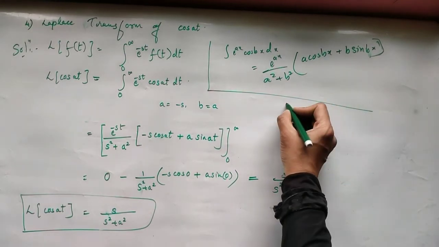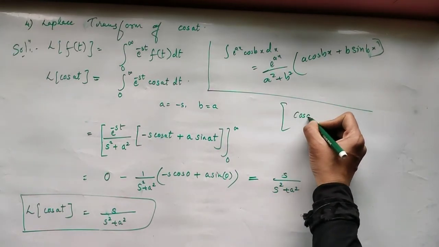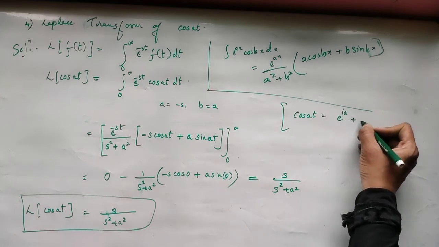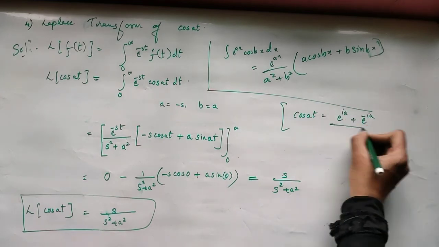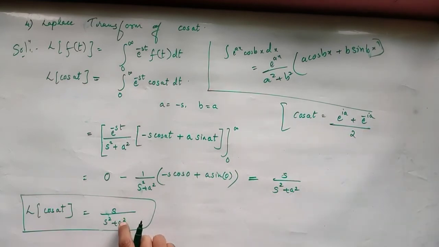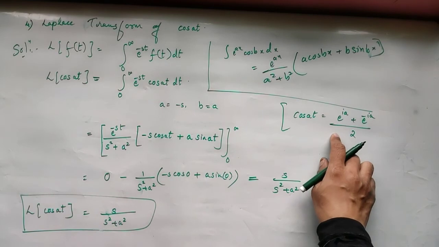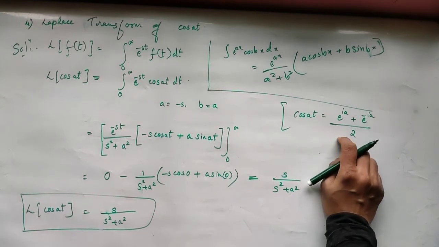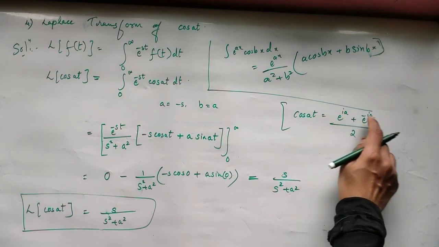Otherwise, there is one more way to solve it. You know cos at can be written as e to power iat plus e to power minus iat divided by 2. You can even use this formula, like how we worked for cos hyperbolic at. The same way you are going to work for cos at also, but in this case you use ia over here.